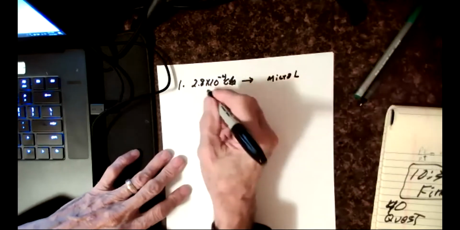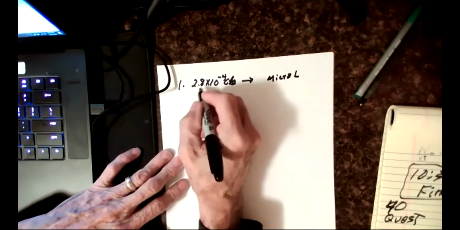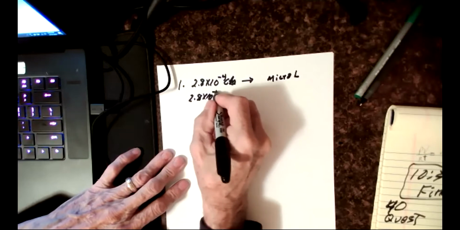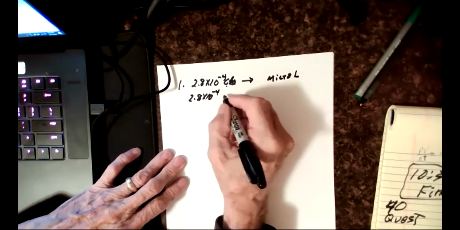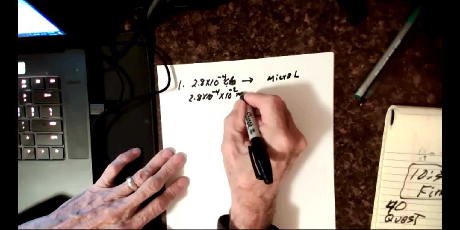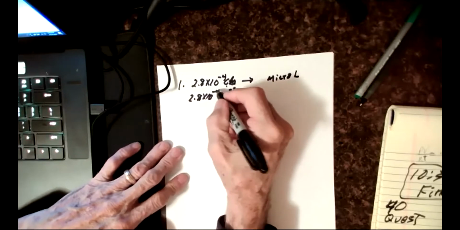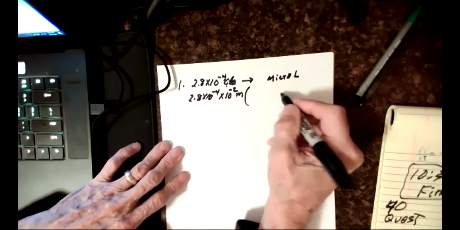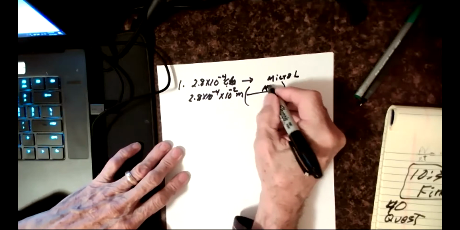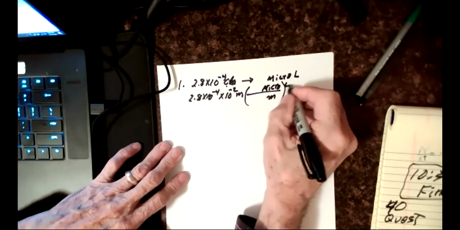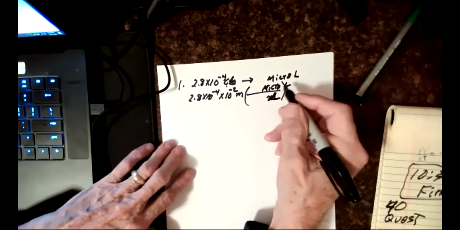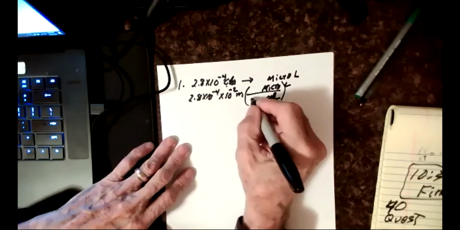Okay, now the way we're going to do conversions, this is within the metric system. So I've got 2.8 times 10 to the minus 4, and centi is 10 to the minus 2. So that's 10 to the minus 2 meters. Now we're going to convert from liters to microliters. Well, micro is 10 to the minus 6.